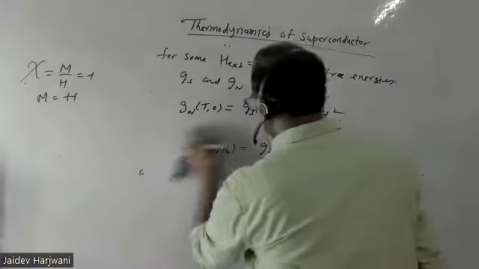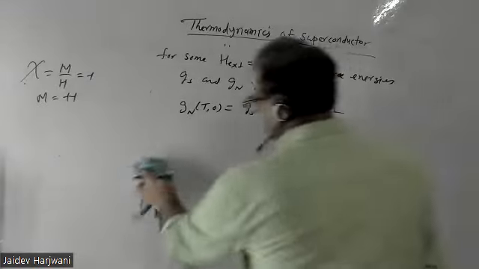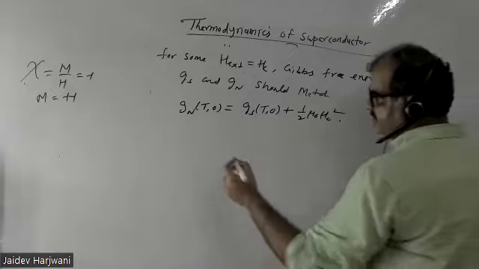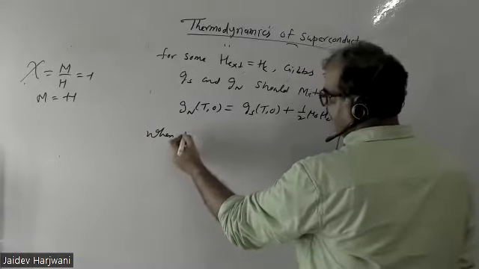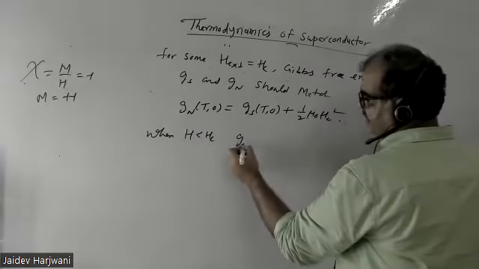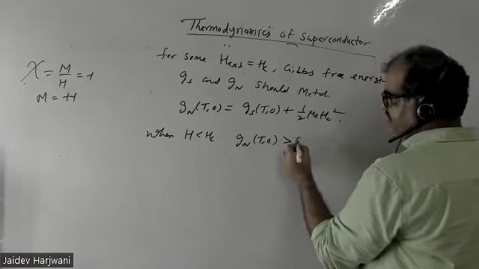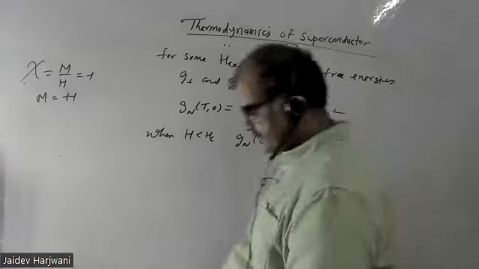That means when your H is less than Hc, my GN(T,0) is greater than GS(T,0). Can I write like this?